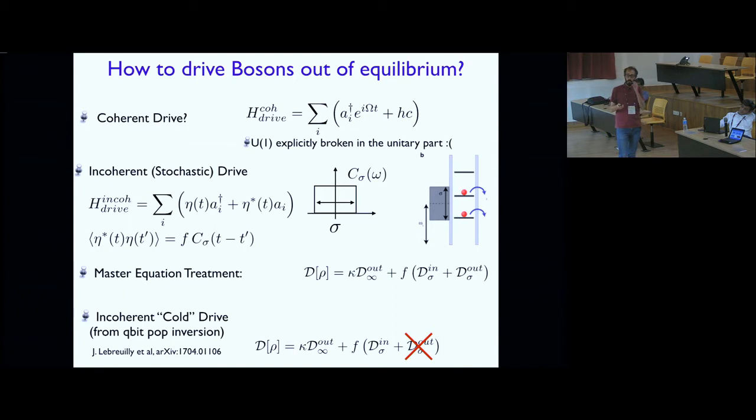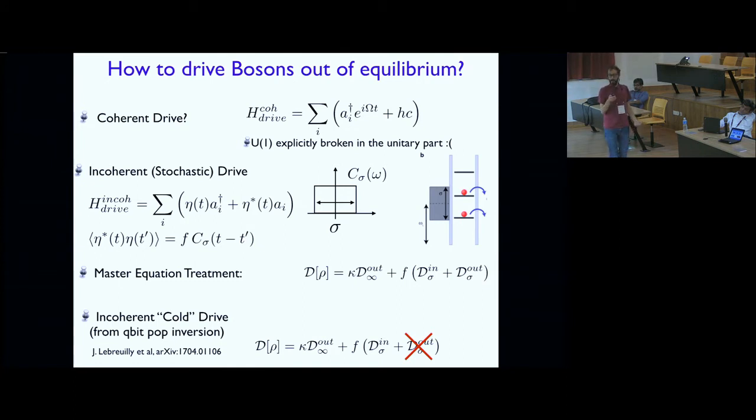So you can describe this noise in terms of a master equation, and I'm going to consider this sort of setup, as well as a recent proposal in which essentially you can tune these rates of input and output to target a cold, almost zero temperature state. But as we'll see, the results I'm going to discuss don't change much whether you consider this kind of drive or this kind of drive.